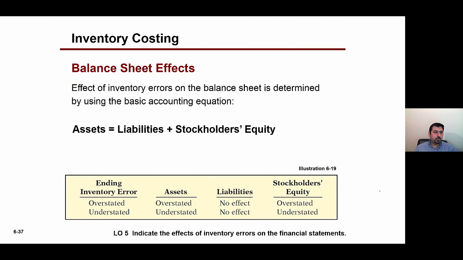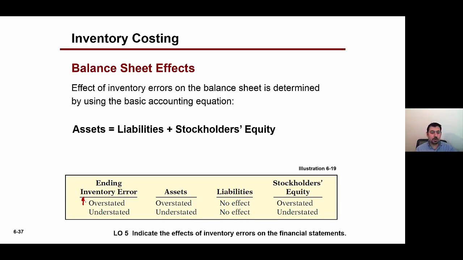So an inventory error will have this effect on the income statement and net income. It will also have an effect on the balance sheet because it will affect the balance in the inventory account. So let's say that the ending inventory is overstated.